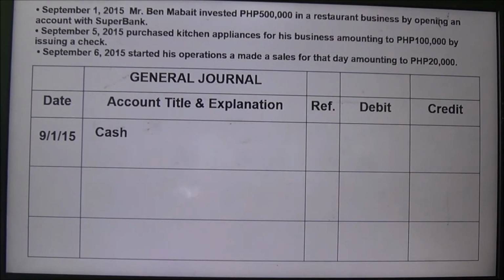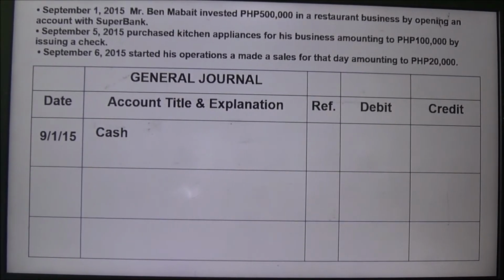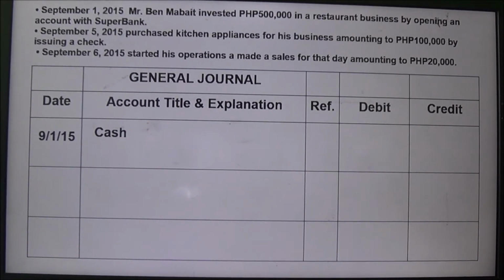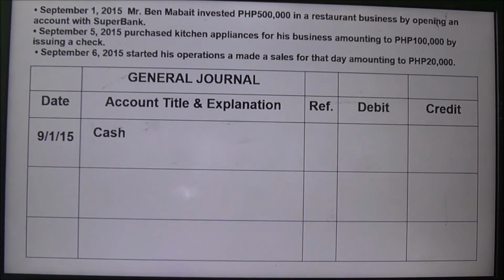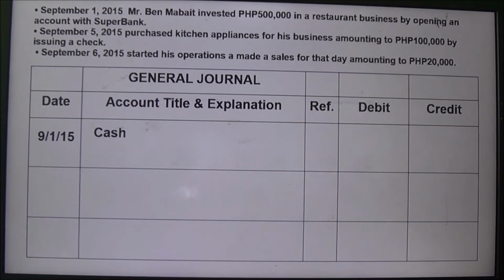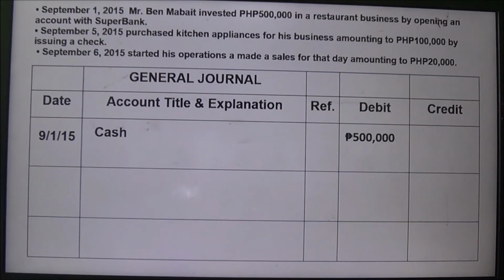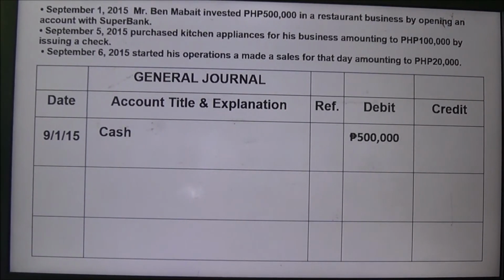As I have said a while ago, any transactions that increase the asset accounts will be debited. So his cash of 500,000 pesos will be debited. And then also the word here, invested.